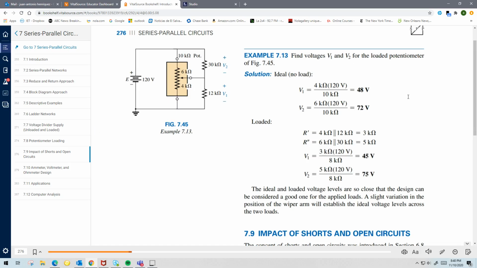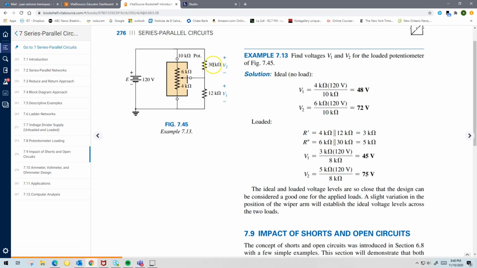So if we now add the loads to the two points, a 30 and a 12, that's going to change because now you have two resistors in parallel. If we calculate those resistors, 4 in parallel with 12 gives you 3 kilo ohms, and 6 in parallel with the 30 gives you 5 kilo ohms.